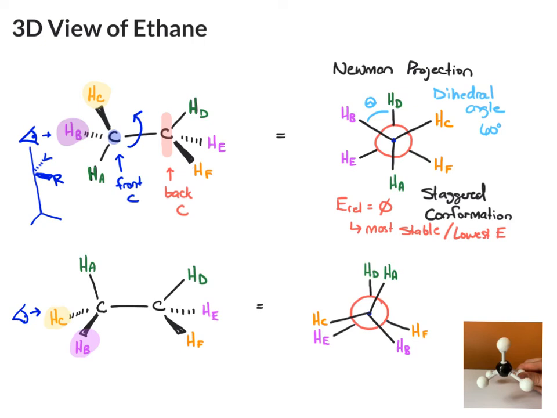Now if we come down to our other extreme conformation, where the hydrogen on the front are directly in front of the hydrogen on the back, this is called the eclipsed conformation. In this conformation, it's higher in energy because these hydrogen are kind of running into one another. Their electron clouds are bumping together. That raises the energy. The relative energy for this is 3 kilocalories per mole.